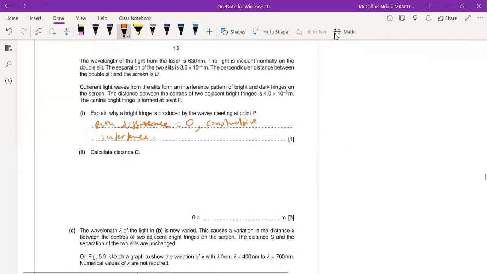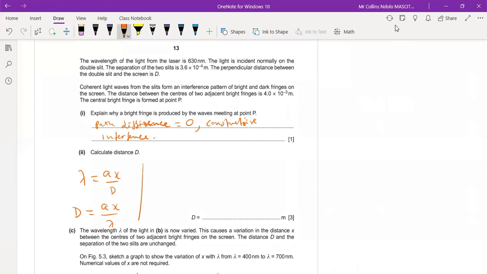Calculate distance D. So this is given by lambda equals a x over D, meaning that D will be given by a x over lambda.